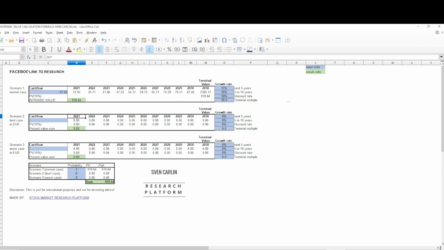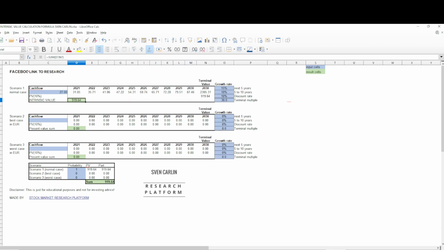He came to a $919 billion market cap for Facebook, based on various assumptions: cash flow growing from 2020 through 2021 and onwards, a 15% growth rate on the earnings for the next 5 years and 10% after that, a discount rate of 10%, essentially what you're hoping to earn on your investment per year, and being willing to pay 30 times earnings at the end of the 10 years. So that's what he came to back then.